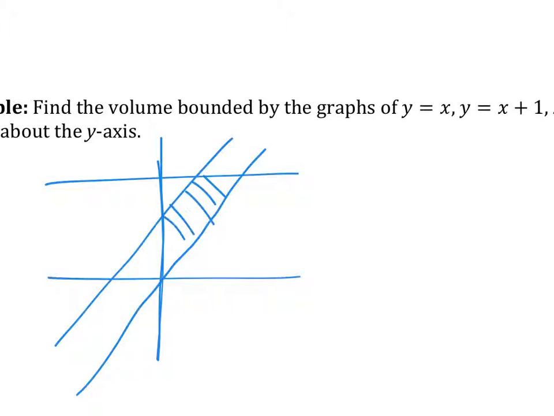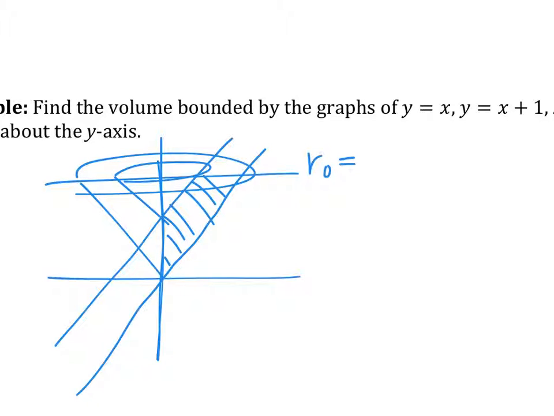So that is this part turned around on the y-axis. All right, so since we're going around the y-axis, which direction are we going to integrate? X or y? Y. So what is the radius on the outside? X. No, not x.